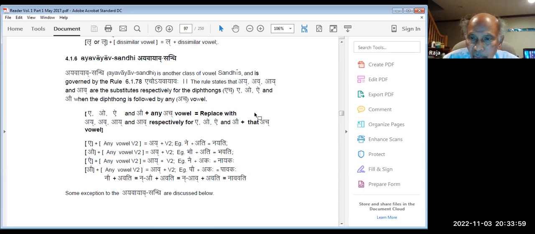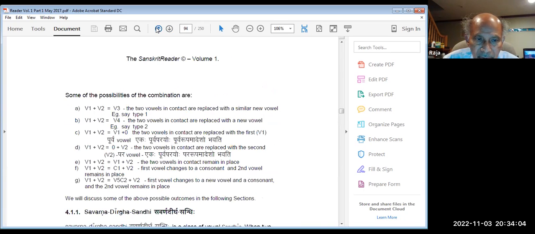Remember in the beginning, we went through the simple mathematics. Here: V1 plus V2 could be another vowel. V1 plus V2 is another, different vowel. V1 plus V2, only V1 remains, V2 will not be there. We call that Purva Rupa Sandhi, only Purva Rupam remains. Then V1 plus V2, only Pararupam, first one drops, second one comes.